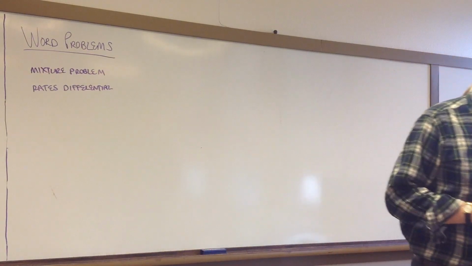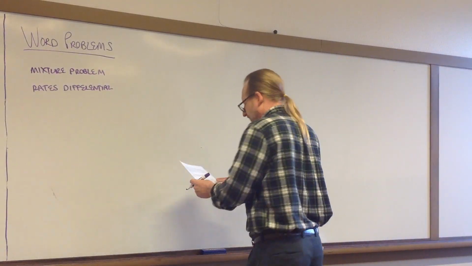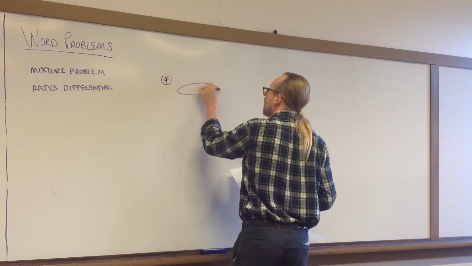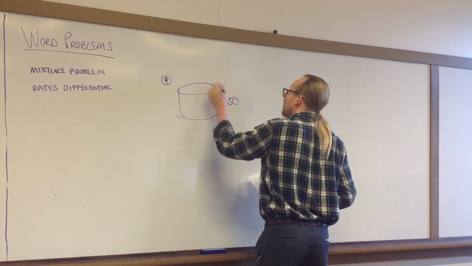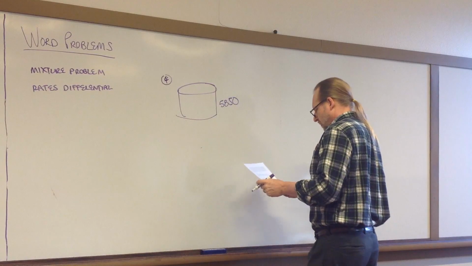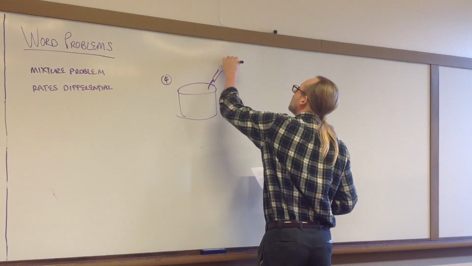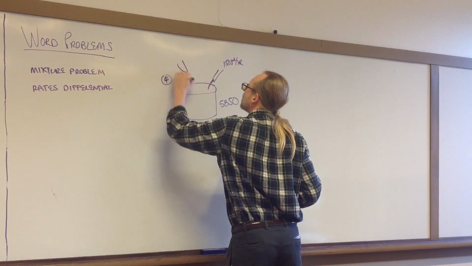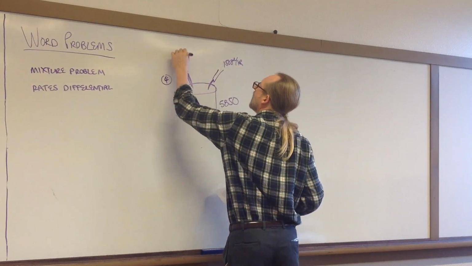All right, problem 4. This tank is 5,850 gallons. And we're going to fill it, one at 150 gallons per hour, and the other one 80 gallons per hour.